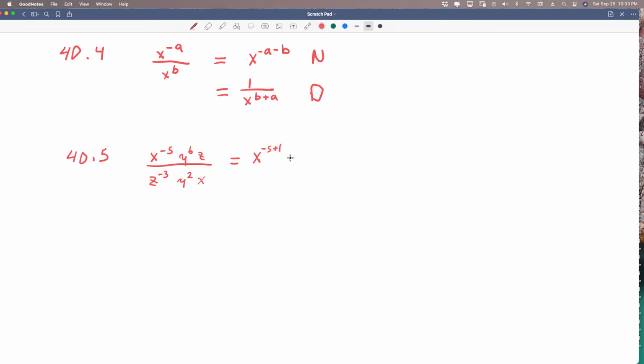All right, then we have y, and it's a 6 already in the numerator. So we have a positive 2, so we're going to subtract 2. And finally we have our z, and it's to the 1. And we have a negative 3, so when we bring it to the top, we subtract a negative, it becomes a positive. So our answer here would be x to the negative 4, y to the 4, z to the 4.